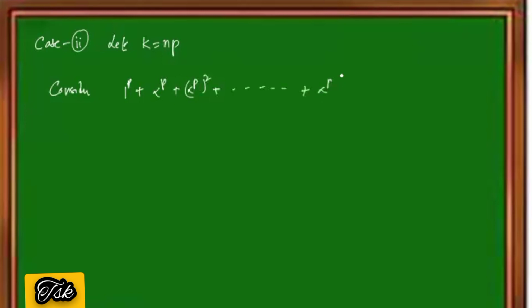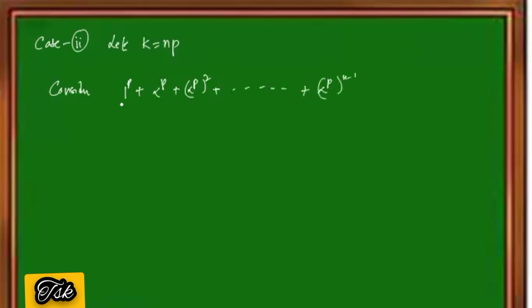What is case 2? Case 2 is let p be equal to nk. So consider the value 1 power p plus alpha power p plus (alpha power p) whole square, and so on, (alpha power p) whole to the power of n minus 1.